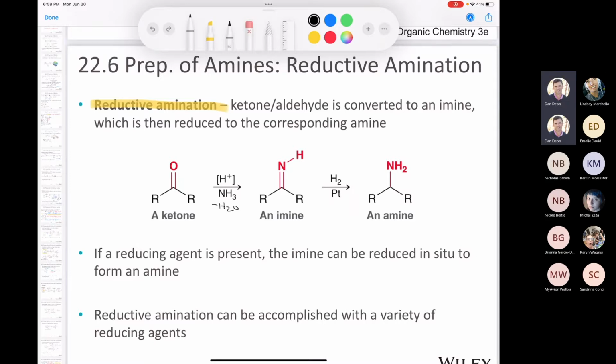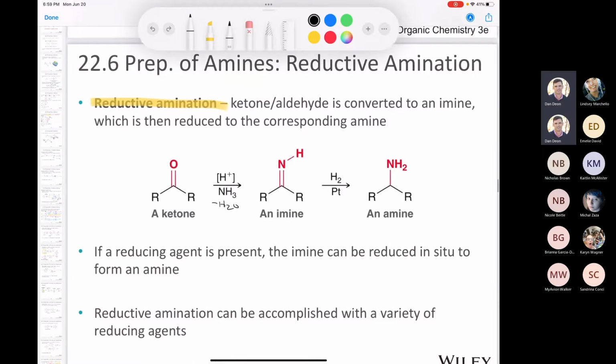But if we were to do just the first step, and if we could find another reagent to put in here that could reduce this in situ, and in situ is just Latin for in place, meaning in the same reaction flask, then we can kill two birds with one stone.